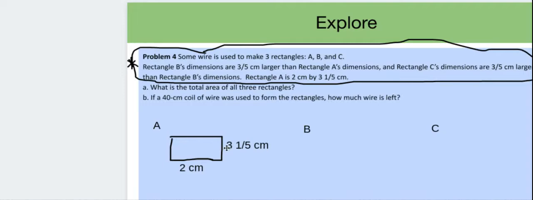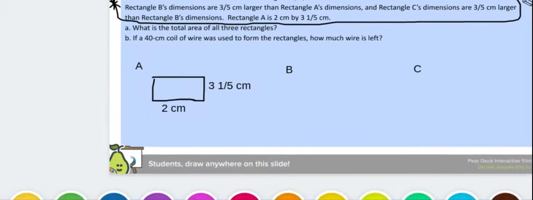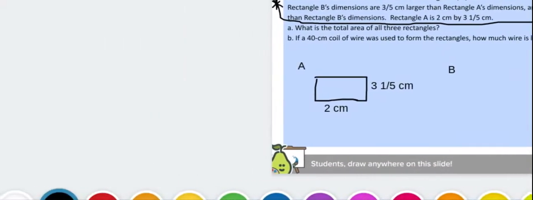So we are going to look at what it says about rectangle B. So rectangle B's dimensions are 3/5 centimeters larger than rectangle A's dimensions. So there's something very important they told us there.